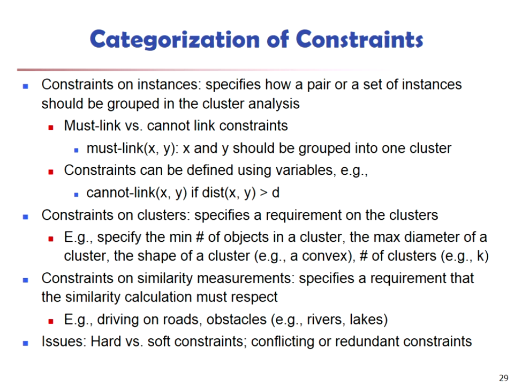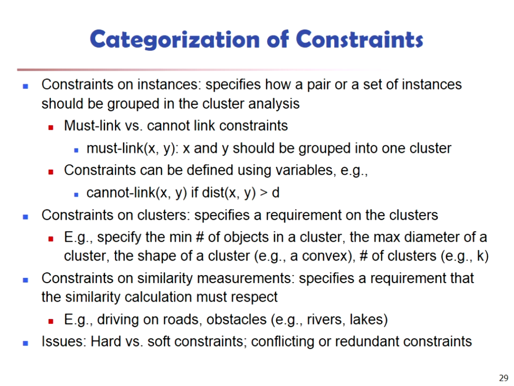I will repeat. So there are three categories of constraints: constraints on instances, constraints on clusters, and constraints on similarity measurement. Okay? Three types or three categories.